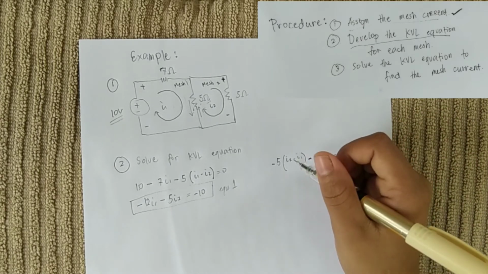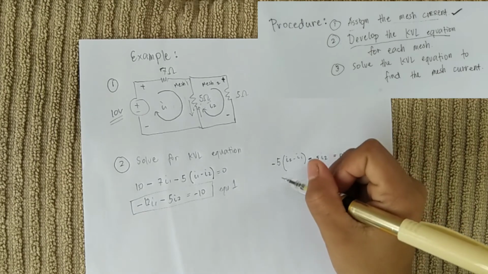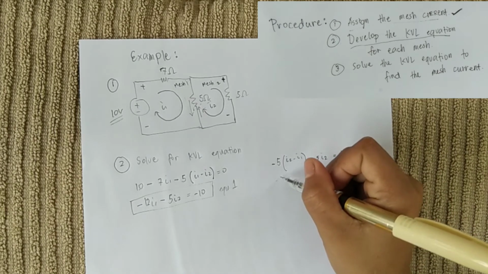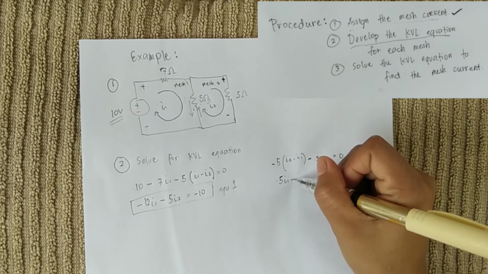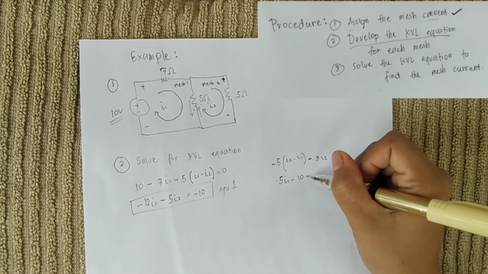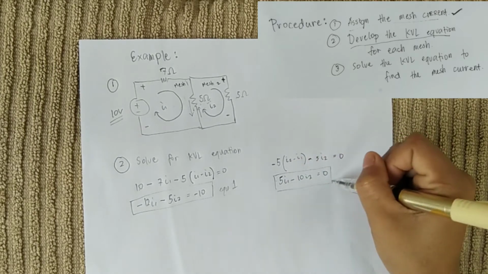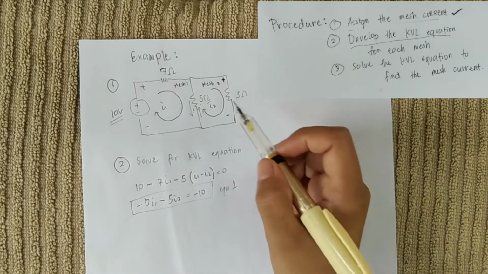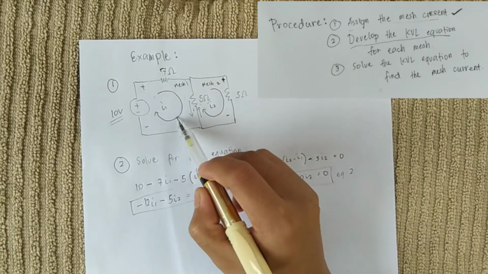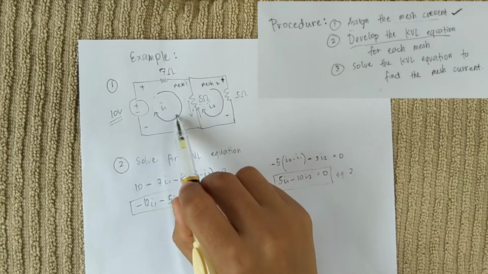And then, when we simplify, it is positive 5 because it's negative times negative. So, positive 5 I1 and then negative 10 I2 is equal to 0. So it is the second equation. As you can see, for the I1 it's 10 volts, then goes to 7, and then negative 5.